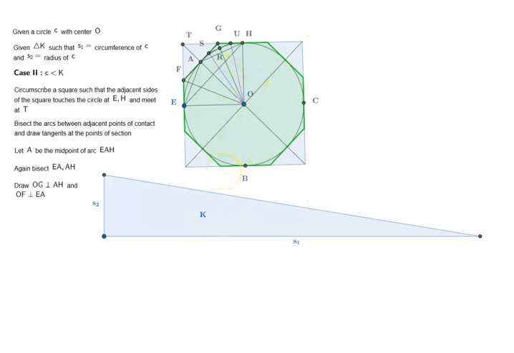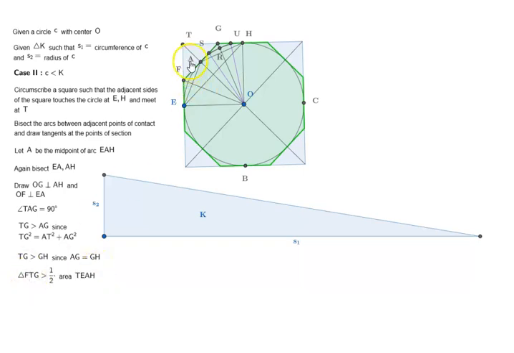Now we also draw OG perpendicular to AH, and OF perpendicular to EA. Now, triangle TAG is a right-angled triangle. TG, which is the hypotenuse, is greater than AG. That means TG is also greater than GH, since AG is equal to GH.